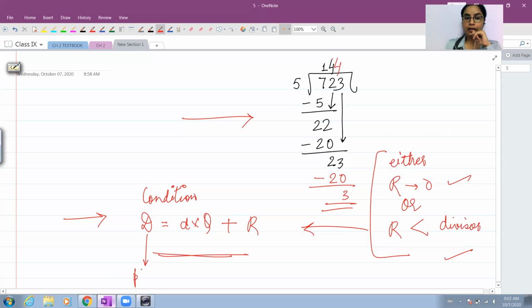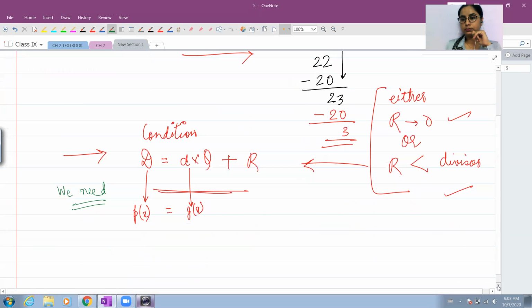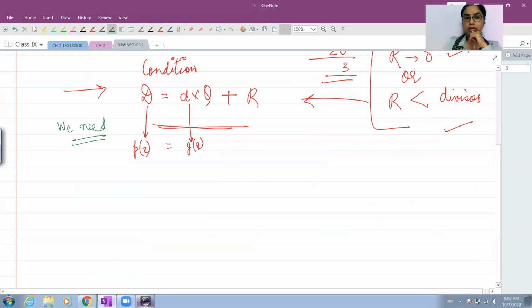So if my dividend has been represented by px and my divisor has been represented by gx, I should have the dividend px should be equal to the divisor gx multiplied by the quotient that I obtained plus the remainder.